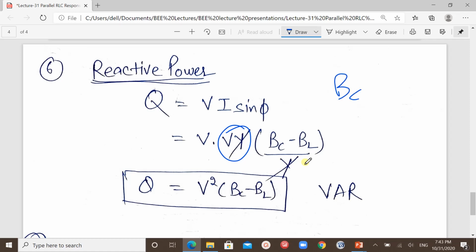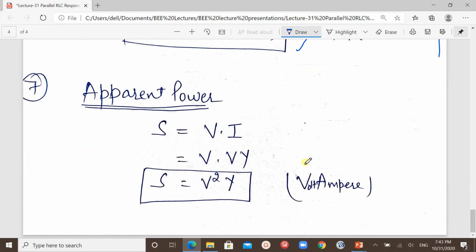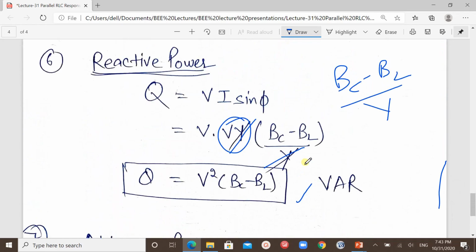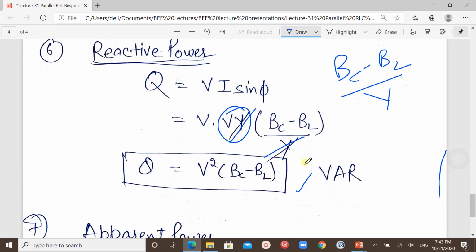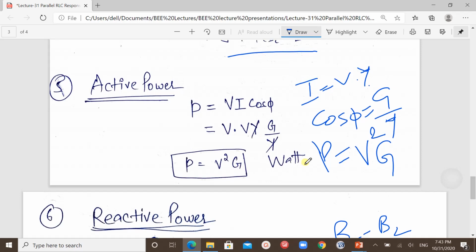Sin phi is (BC minus BL) upon Y. So Y cancels and we are left with V squared into (BC minus BL). So this is reactive power. Then apparent power. Apparent power S is equal to VI, and we put the value of I. So we get S is equal to V squared Y. The units of apparent power are volt-amperes, the units of reactive power are VAR, volt-ampere reactive, and the units of active power are watts.